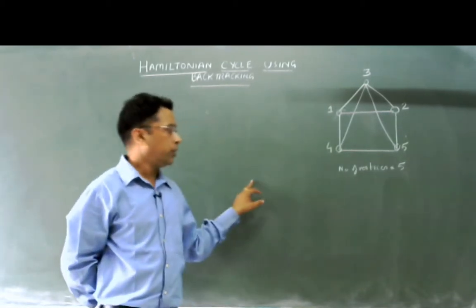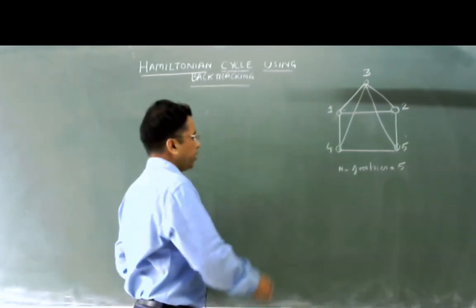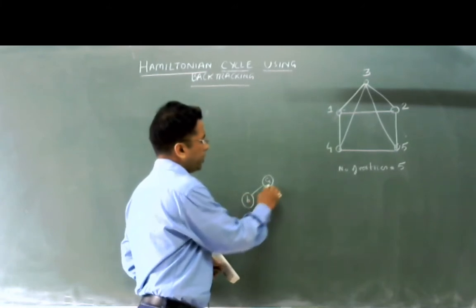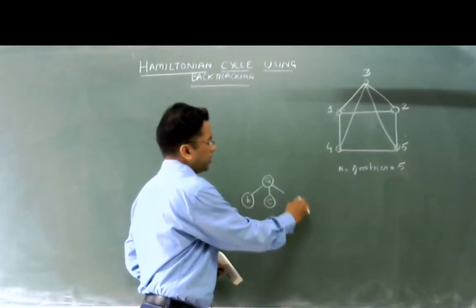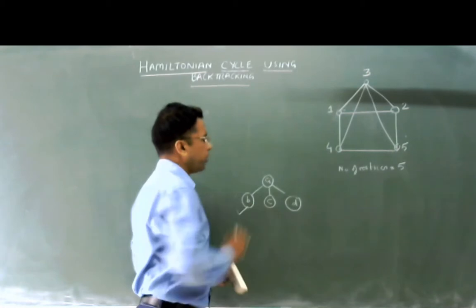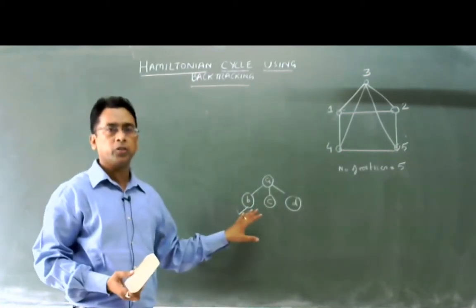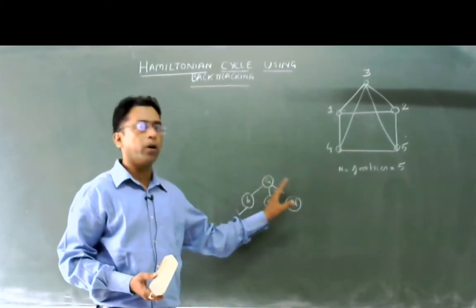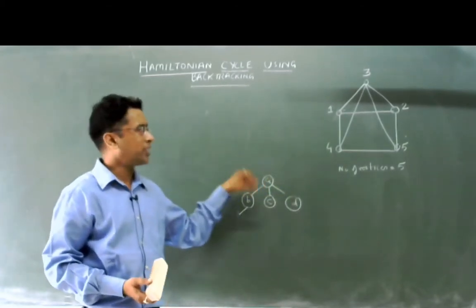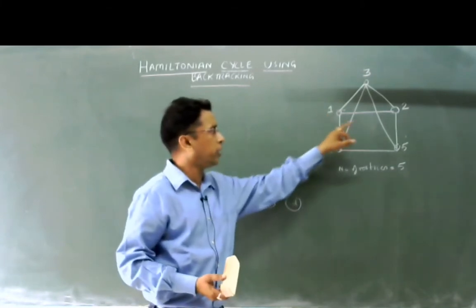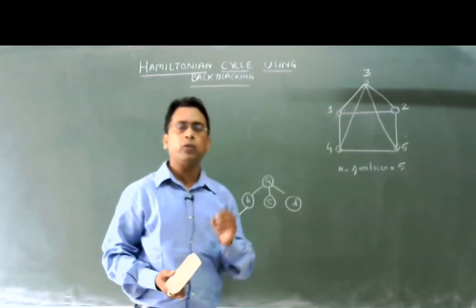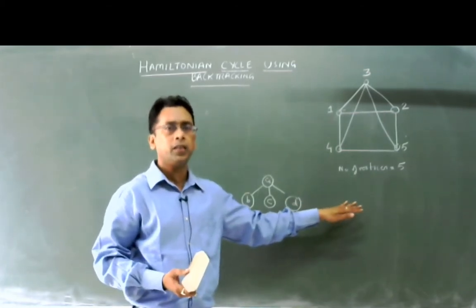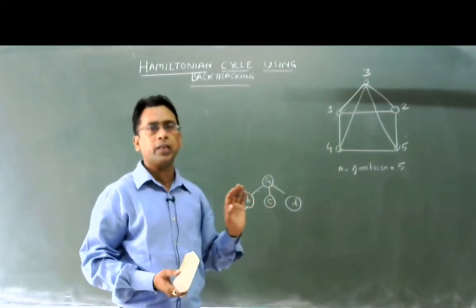For example, if there is a node A which is adjacent to nodes B, C and D, then I shall choose B first. This is called topological order selection, to create an order between these nodes. So I create an order as 1, 2, 3, 4, 5. If a node has 3, 4, 5 in its adjacency, then I shall select 3 because it is the least one.